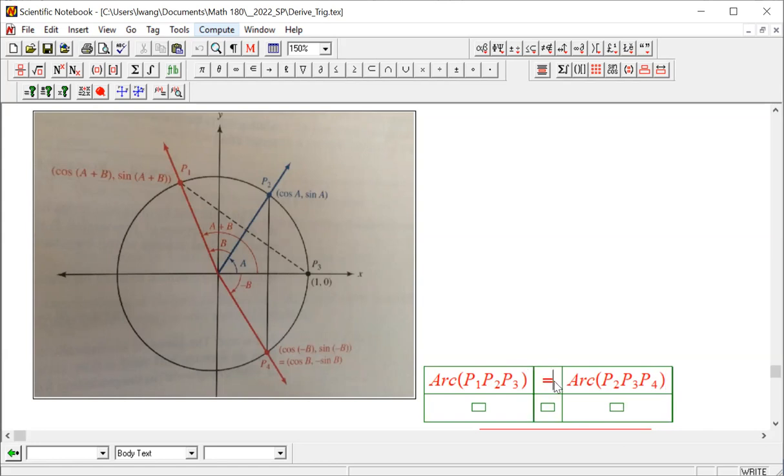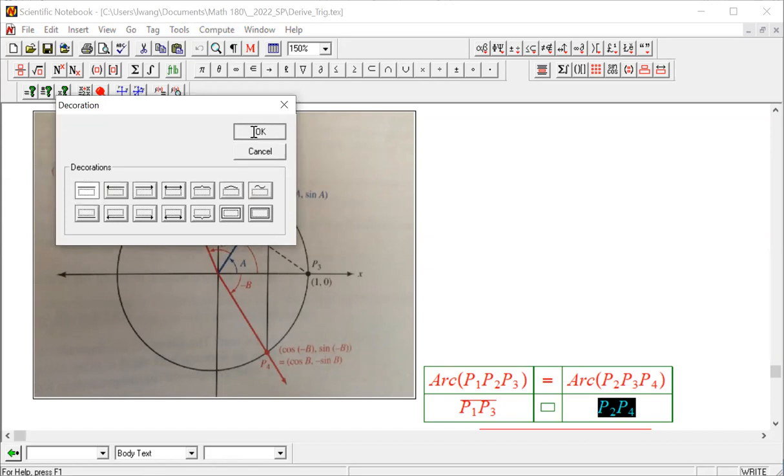If you look at the absolute lengths, as a result, the secant, the straight line connecting P1 and P3, which is the broken line on the picture, is the same as the line connecting P2 and P4.